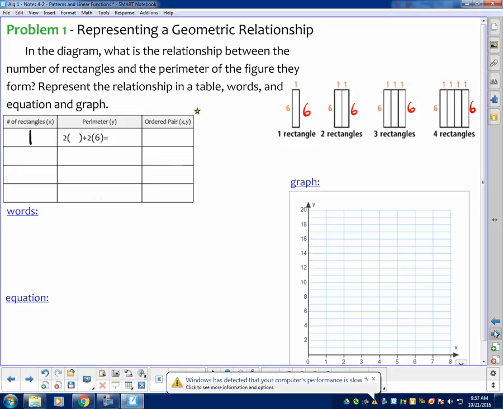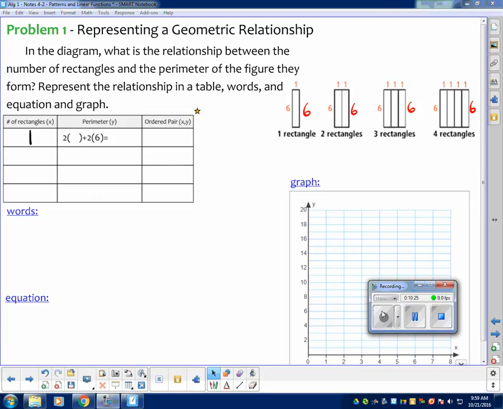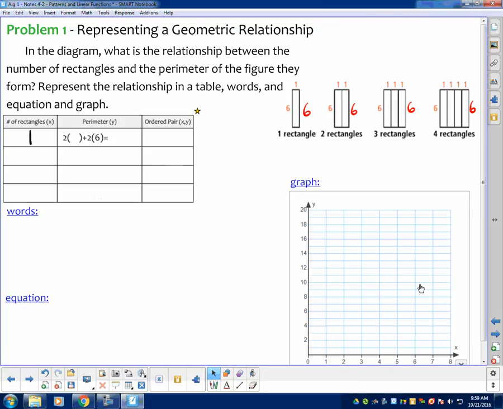So what we're looking for is a pattern here. It will be a linear pattern. We'll see it when we graph it. With one rectangle, I have only one width here and one width here. So 1 goes into those parentheses.